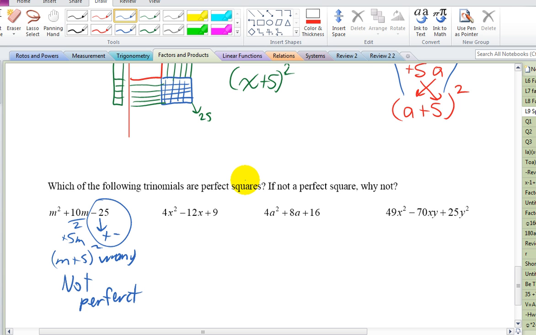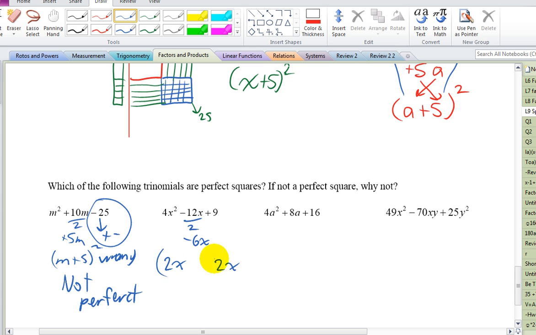Divide by 2. What do we get? Negative 6x. Okay. So, is this a perfect square? Those would be 2x and 2x.